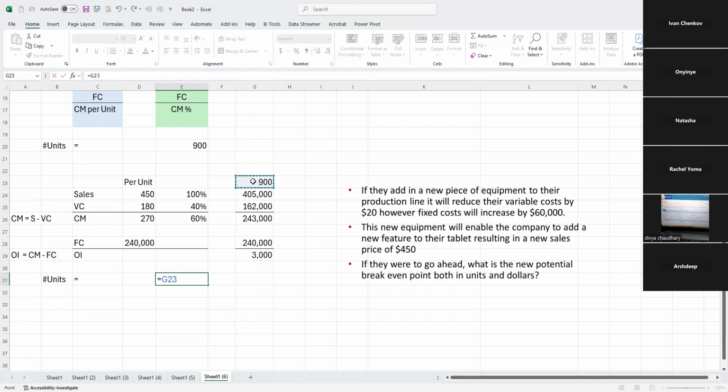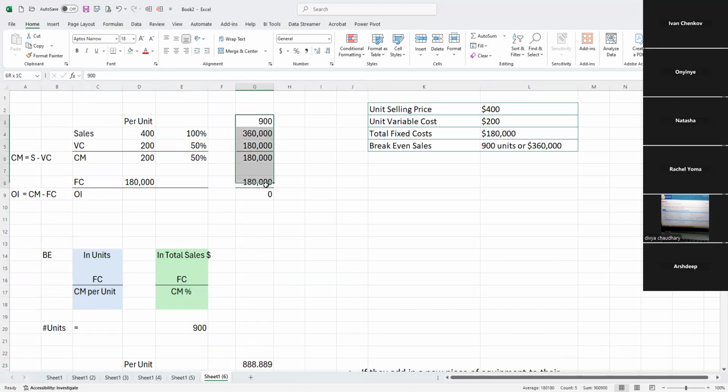Let's go back. So this one will be equal to that one. So how many units do they need to sell? More or less than what they were doing before?